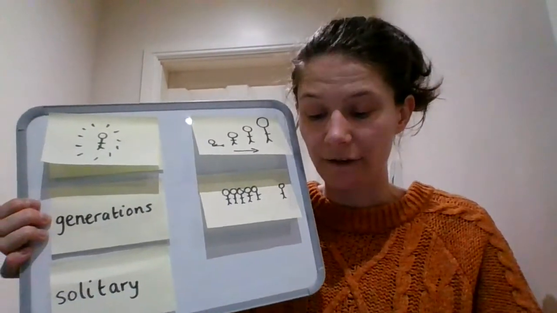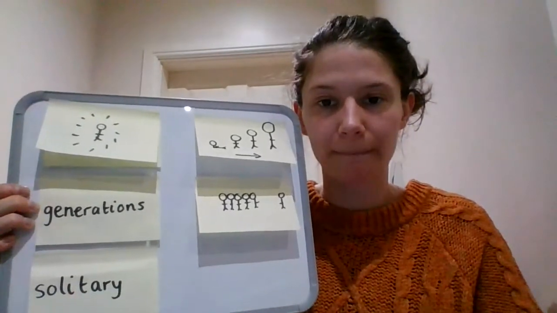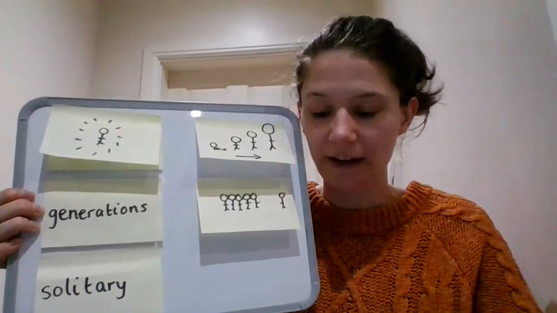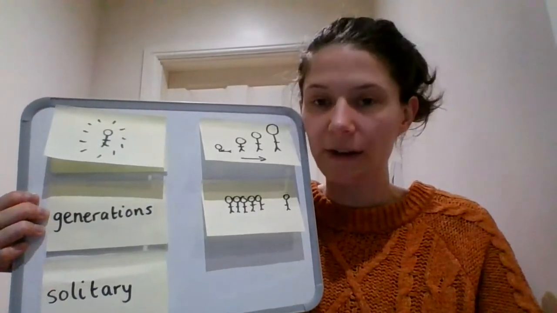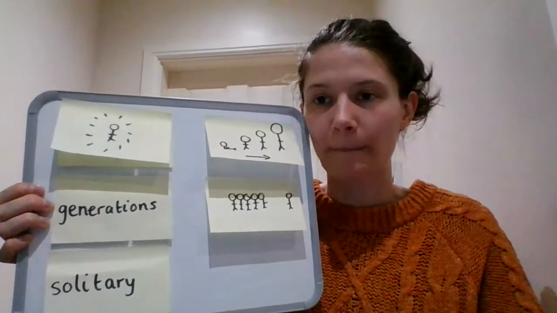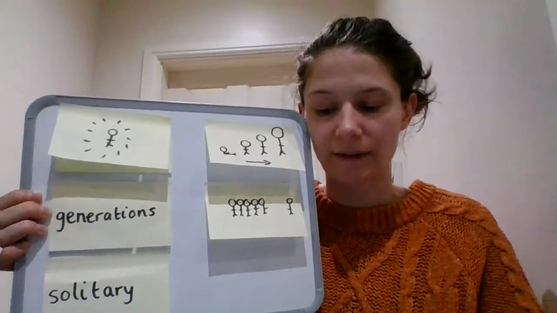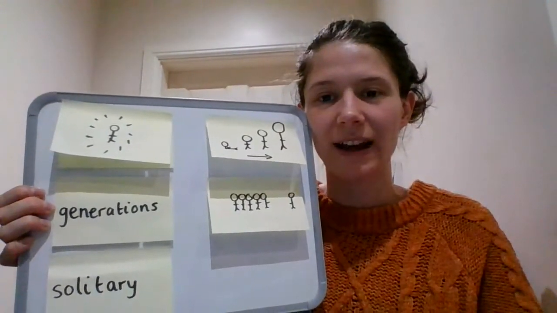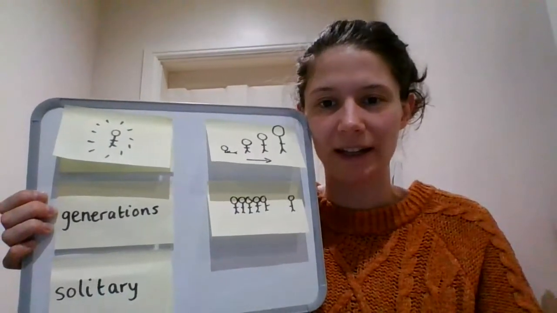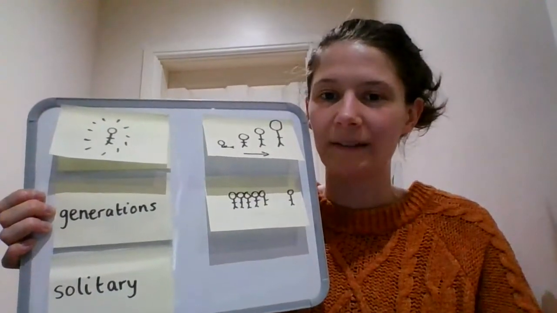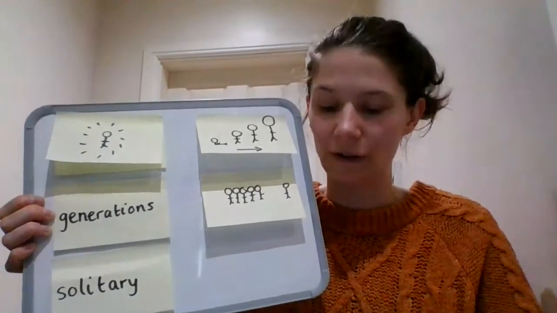They had lived there for as long as he could remember. Generations and generations passed, but very little changed. So it's as though the author is surprised by how little has changed. And he's trying to think back to how long they've lived there for. But even though he goes right back to the beginning of his memory, he can't remember. They've always been there for as long as he can remember.